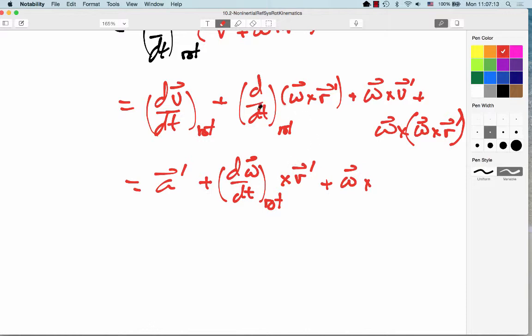Notice how I'm bringing the operator in and leaving the omega cross in front. You cannot commute your cross product. Omega crossed into dr prime dt as evaluated in the rotating frame.